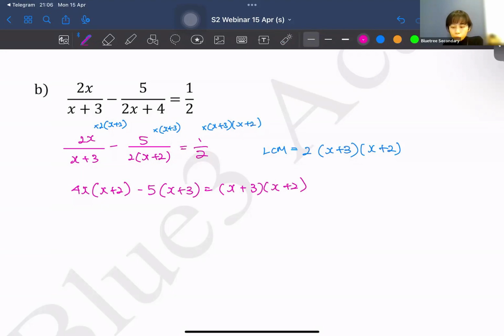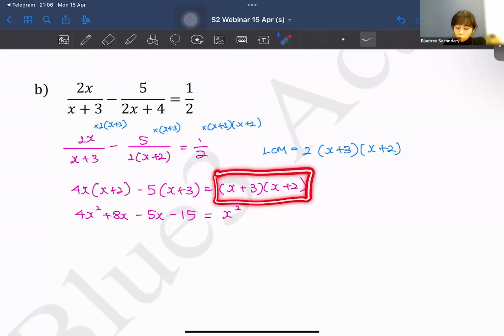What you're left with to do now is just to expand everything, move all the terms to the left-hand side. It is the same routine: you factorize and you solve for x. For this back part expansion, I'm using rainbow.